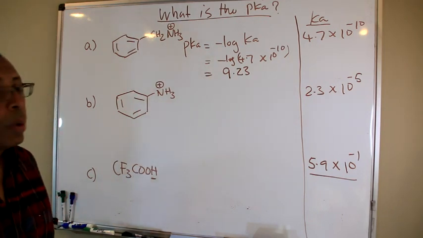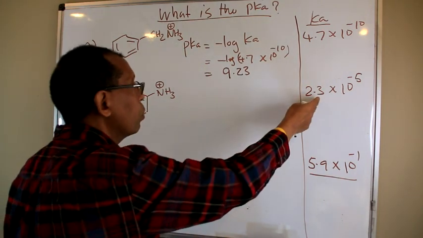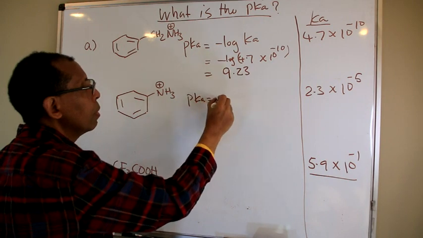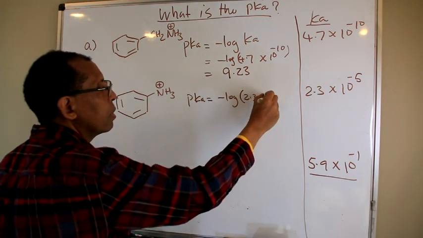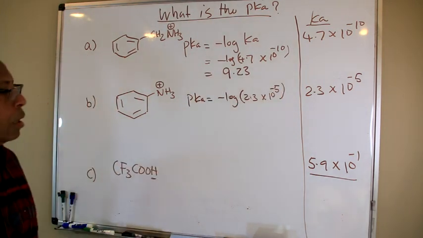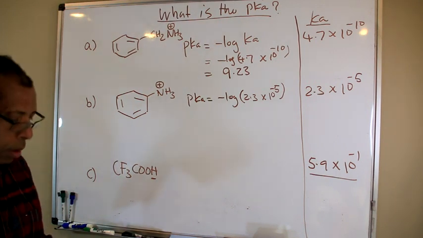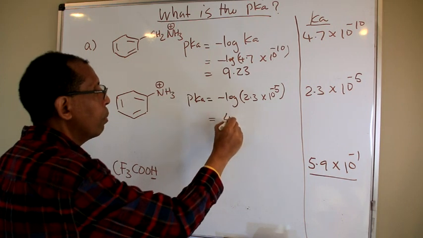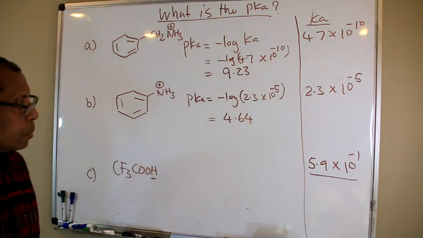Similarly, when you calculate the pKa value for this one, the pKa equals the minus log of 2.3 times 10 to the minus 5. This is an easy calculation with a logarithm on a calculator. You would end up calculating 4.64 as the pKa value.